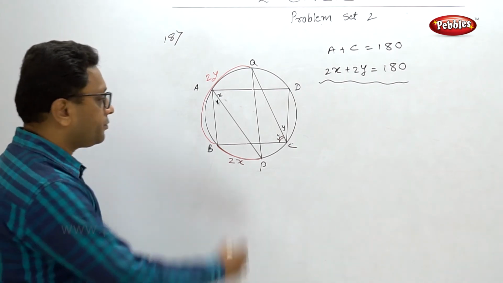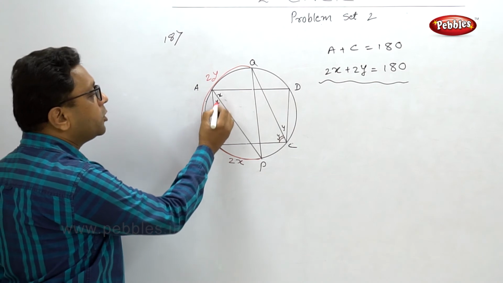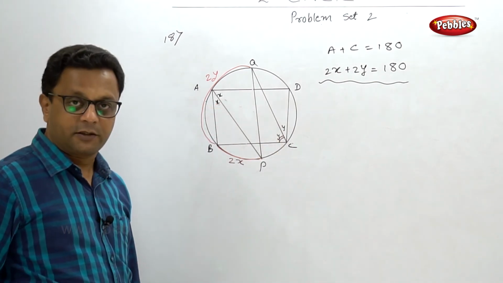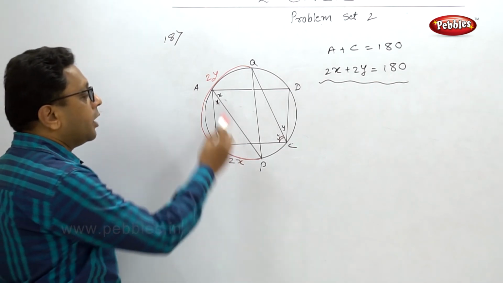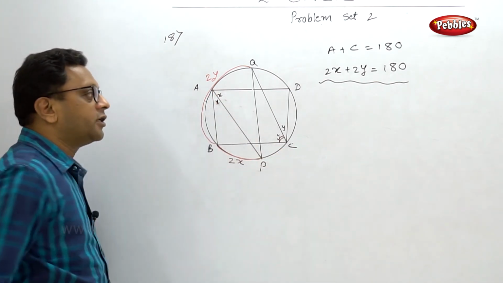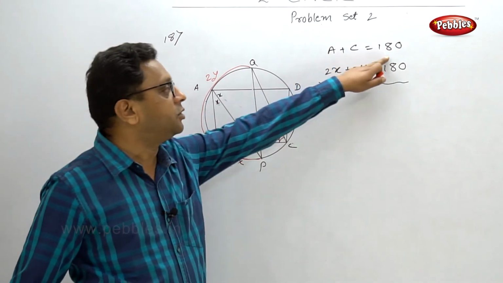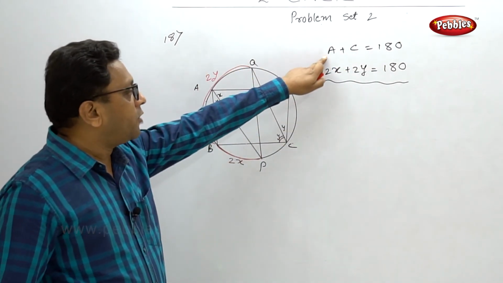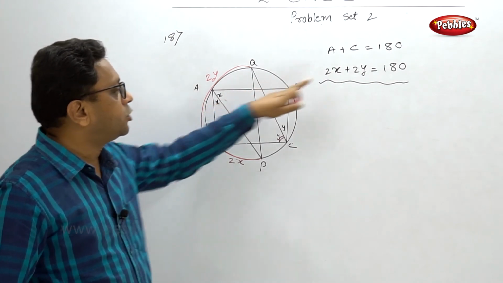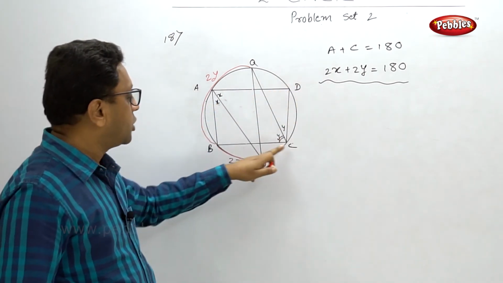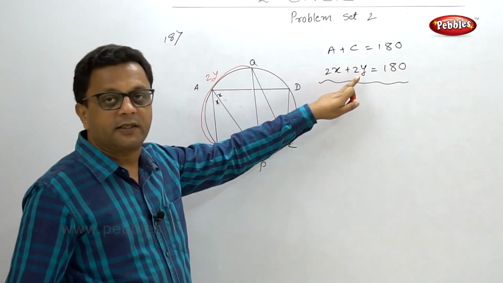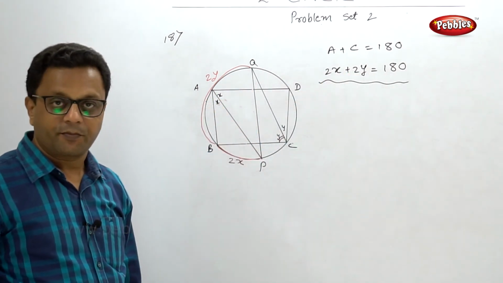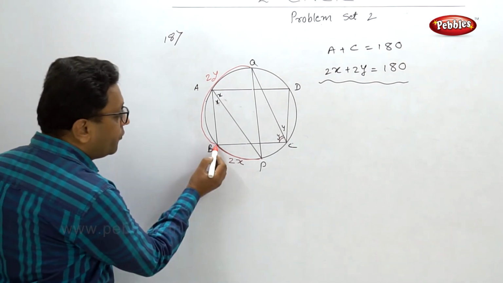Again I am telling you, these both the angles are equal as they are angle bisectors. Now opposite angles of the cyclic quadrilateral are supplementary, so A plus C is equal to 180. Instead of A I can write x plus x, that is 2x, and instead of C, I can write y plus y, that is 2y. So 2x plus 2y is equal to 180.